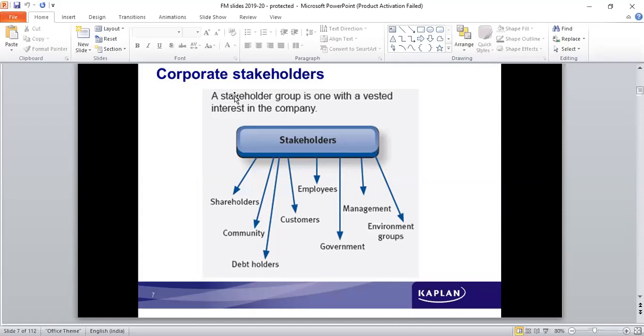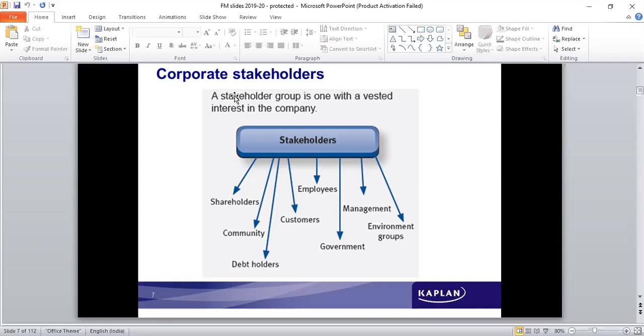The community also wants to understand the profitability of the company, what are the resources which are used by the company which belong to the society, so the natural resources which are consumed. And in return, is there anything which the company does for the community, that is corporate social responsibility, what we call it.